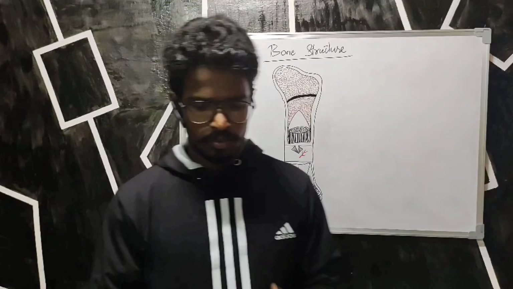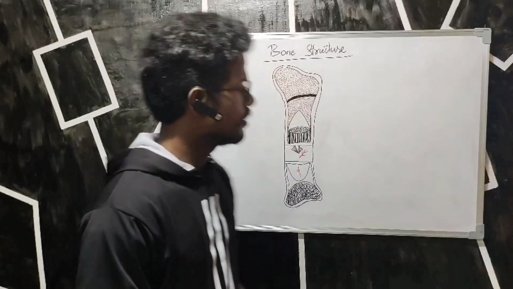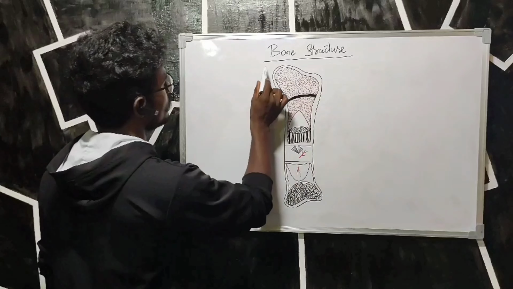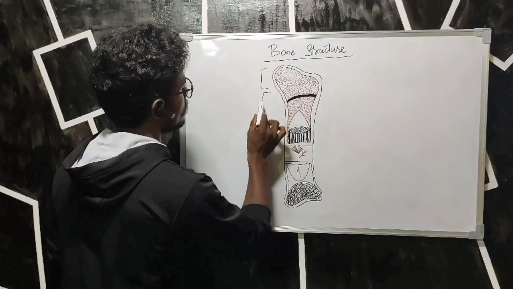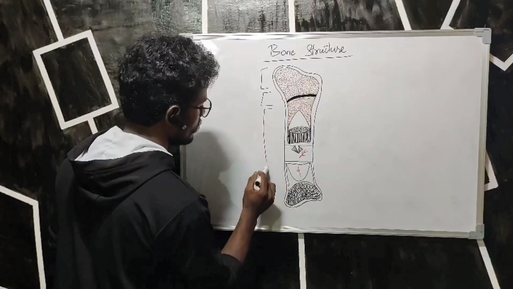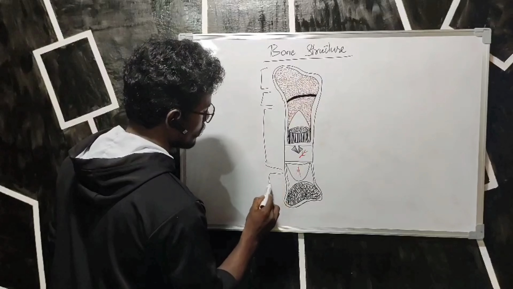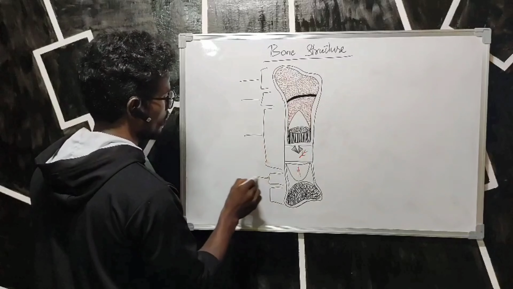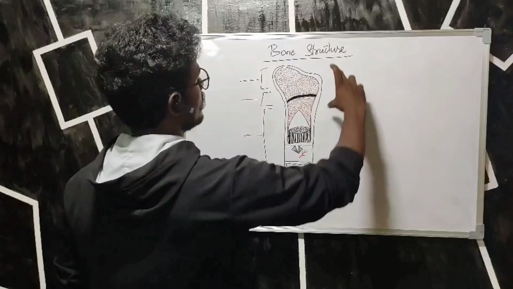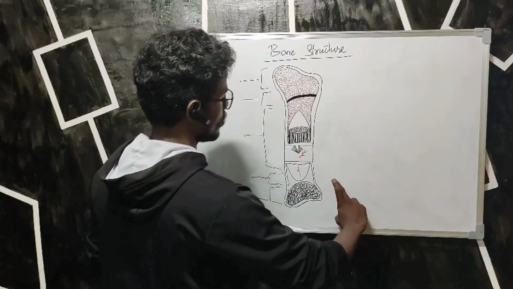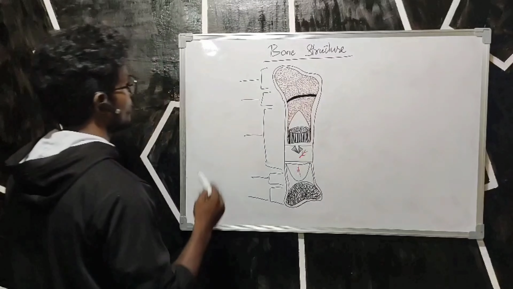Now let's talk about the structure of bone. So the bone structure is here. Basically bone is divided into three divisions. The upper surface is called proximal, downward it's called distal. Okay.